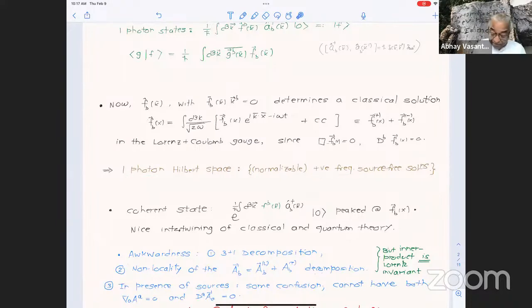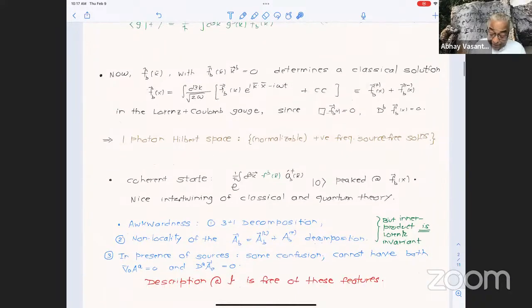Now you can construct a coherent state, and that coherent state, which is peaked at the classical solution A_B, is just given by the exponential of the creation operator smeared with A_B up here, operating on the vacuum. And so there we get this nice intertwining between the classical theory and quantum theory.